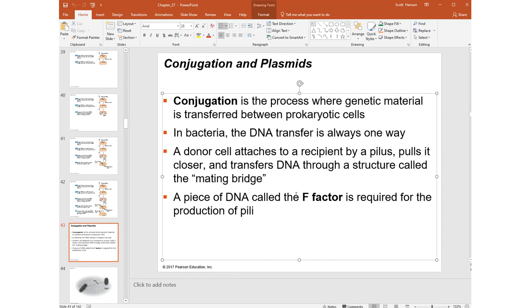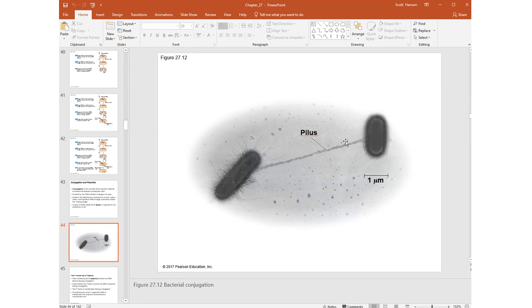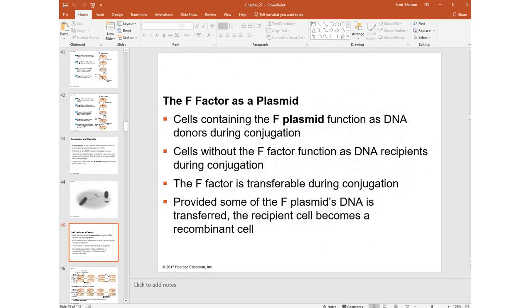A piece of DNA called the F factor is required for the production of pili. So here's a pilus going from one bacterium to another. The F factor could actually be on a plasmid. Cells containing an F plasmid function as DNA donors during conjugation, and cells without the F factor function as DNA recipients.